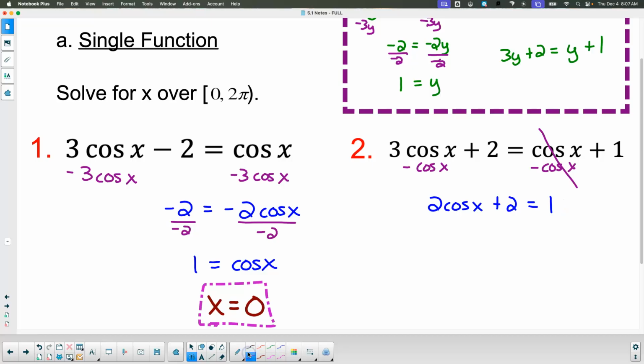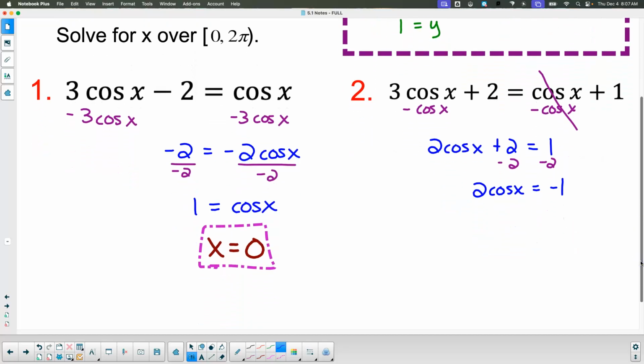Love it. 2 cosine of x equals negative 1. Next. Divide by 2. Cosine of x equals negative 1/2.